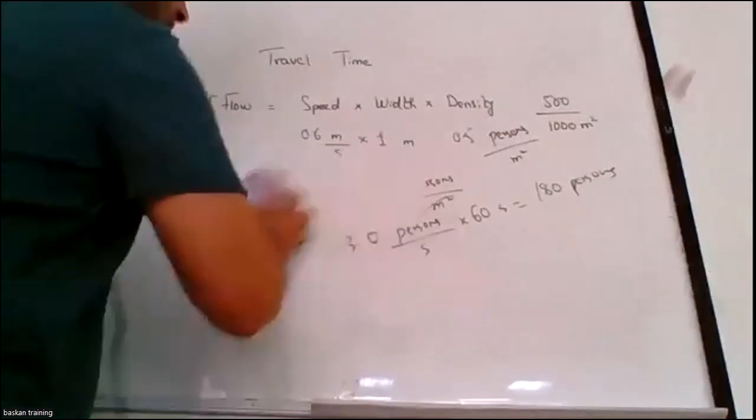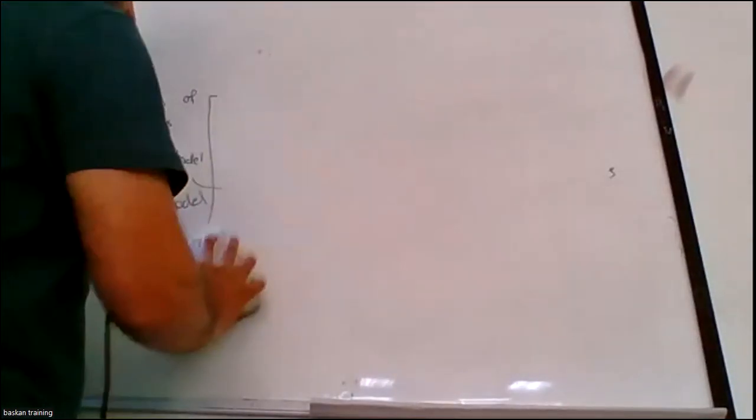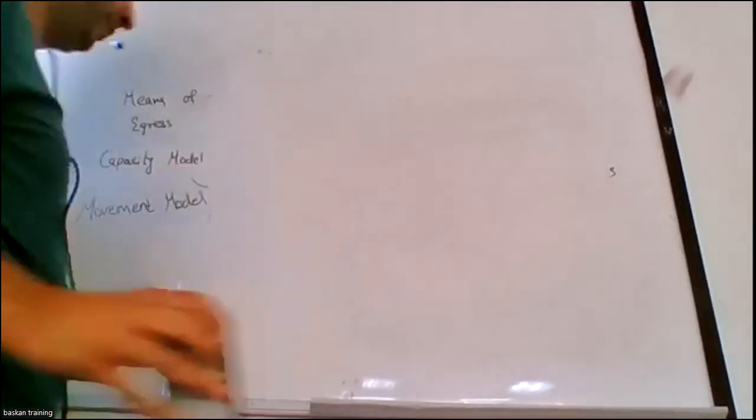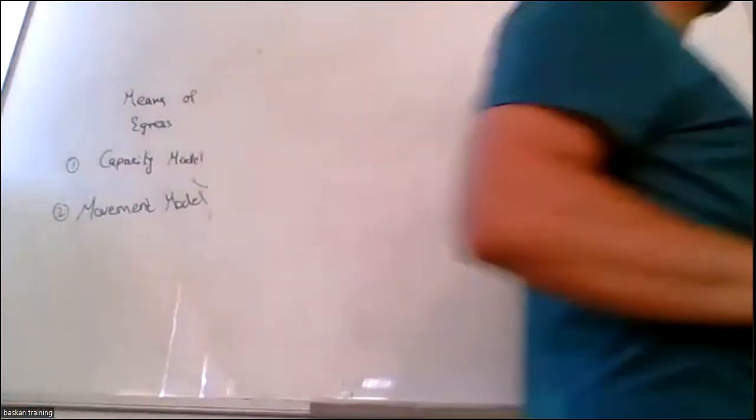We'll take one example as per the NFPA design. In the movement models, we follow the NFPA codes. NFPA says in the movement model, each and every door should have a capacity. Means I will open a big door, but that doesn't mean all the occupant load I will punch into one door.